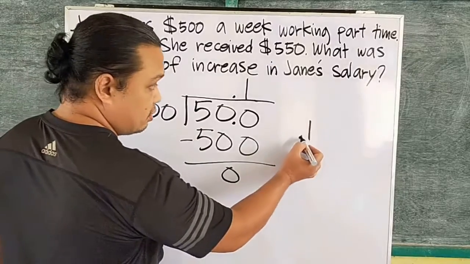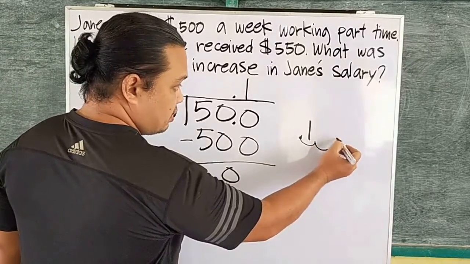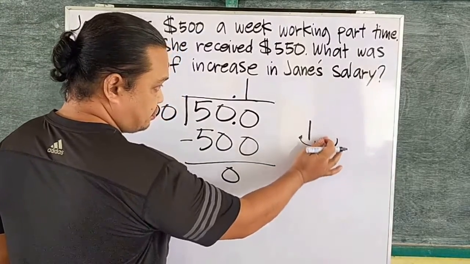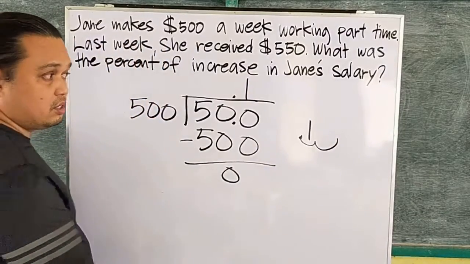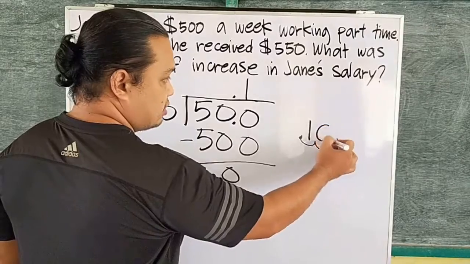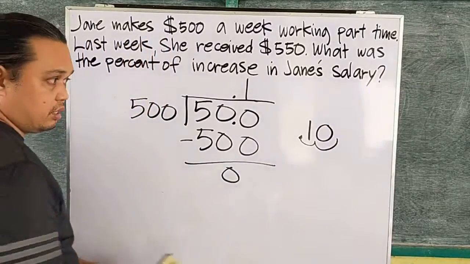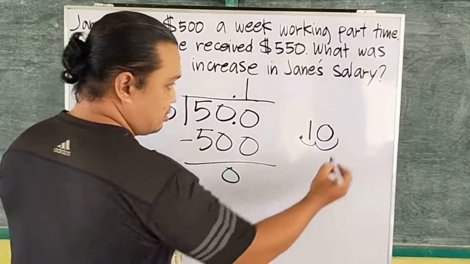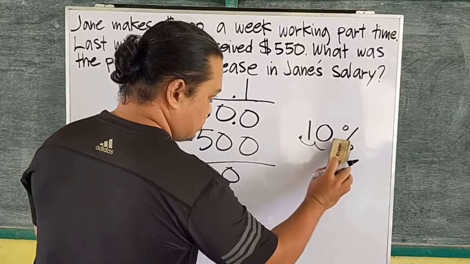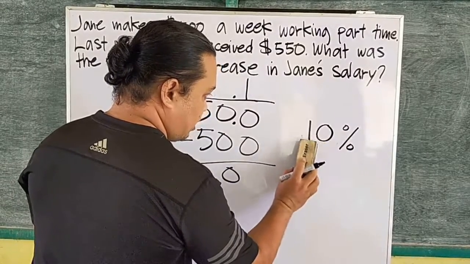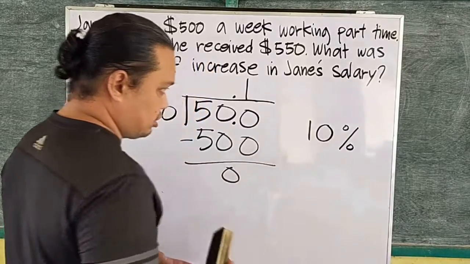Okay, so let's move that: 1, 2. There is a missing place value here, so all you need to do is add 0 to it. Then drop the decimal point and change that into percent. So therefore, our answer here is 10%.